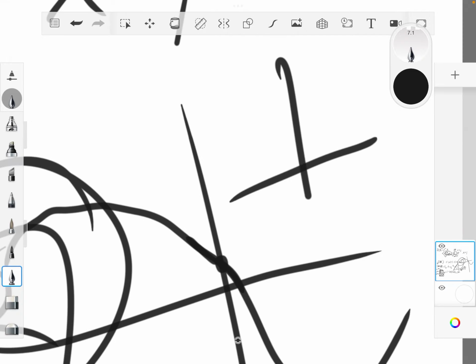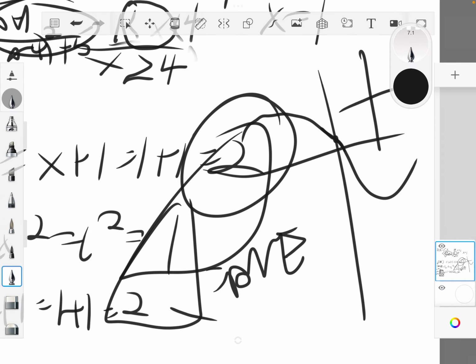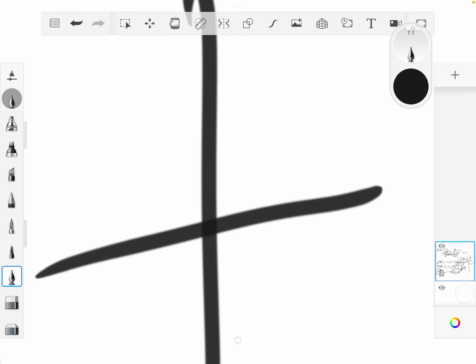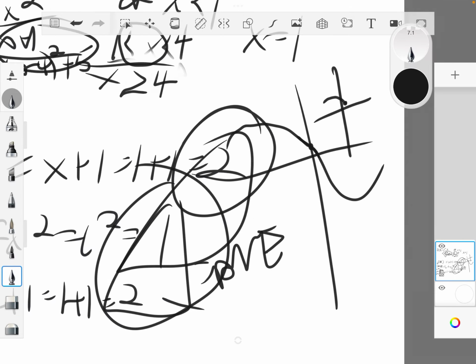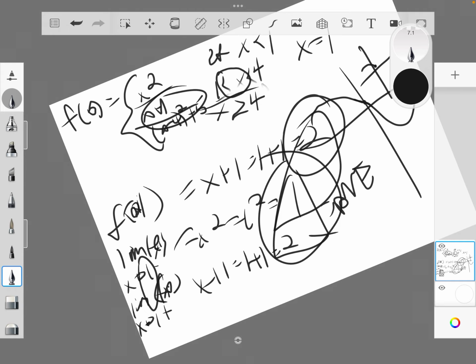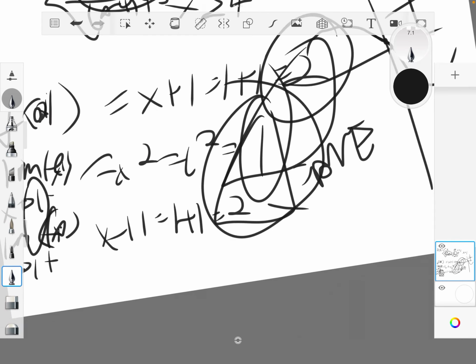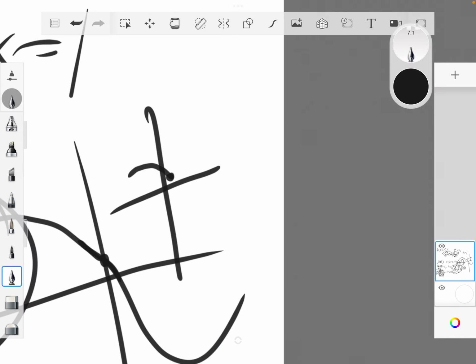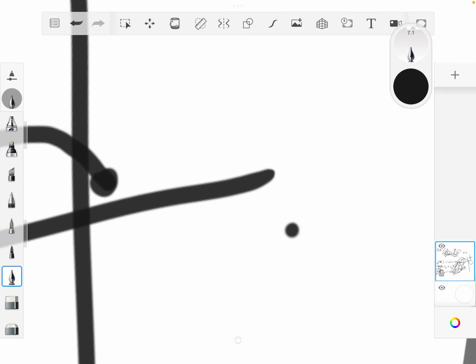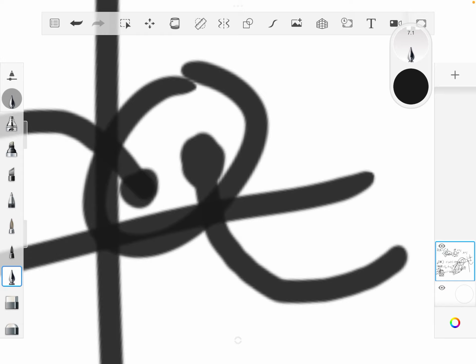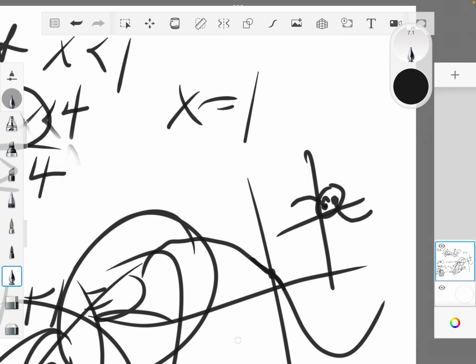But for a jump, because the limits are different, let's say one side gives 1 and the other gives 2. As it approaches 1 from the left side, it goes to 1, but as it approaches from the right side, it goes to 2. See that? It is not connected. There's a jump. So this is a jump discontinuity.